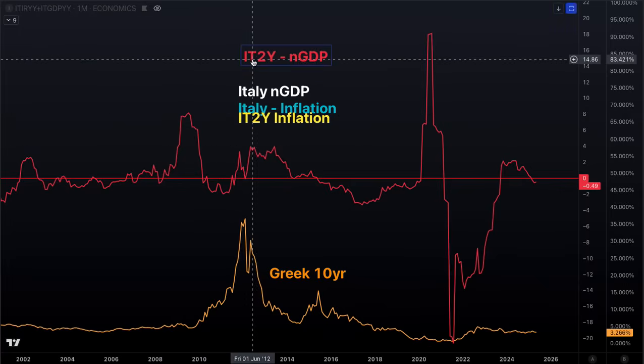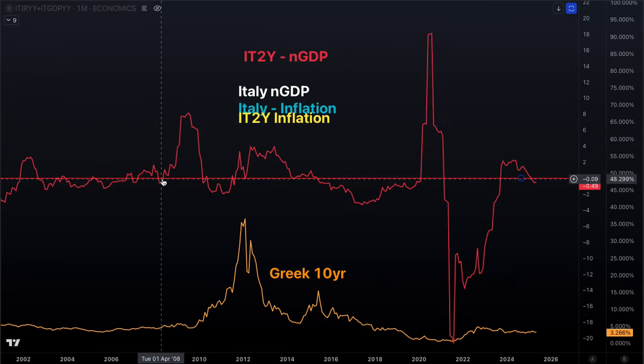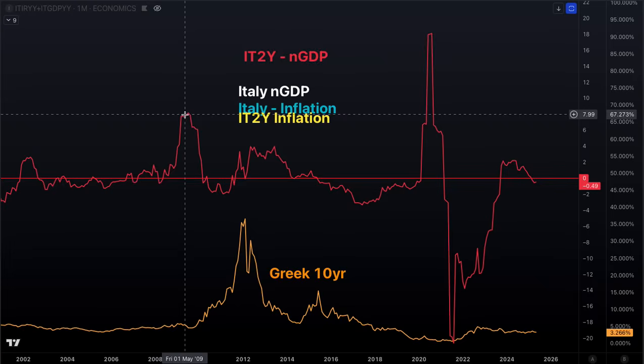This is the difference between the Italian 2-year bond yield, the cost of the 2-year debt, and nominal GDP. And we can see heading into 2008, it was barely, it was negative almost. It was zero. The premium over nominal GDP was not very high at all. And then what happened? Because growth, which is the denominator, fell so rapidly, and the 2-year yield fell, but just not as fast, the real premium above nominal growth widened.